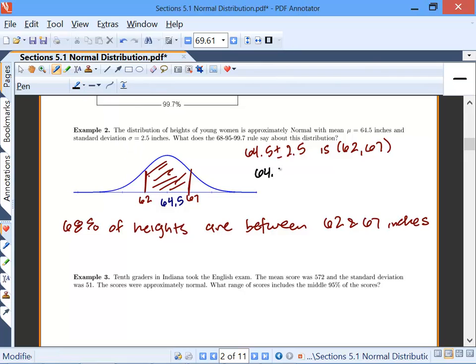Now let's try 64.5 plus or minus 2 standard deviations. So 59.5 to 69.5.